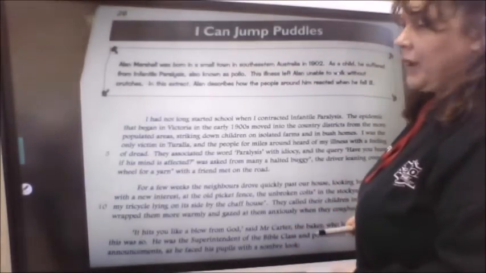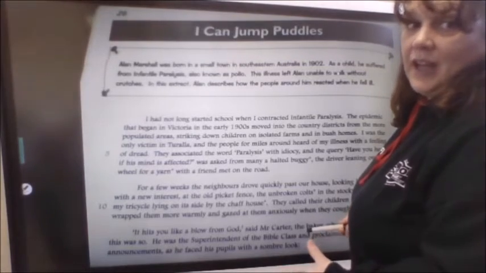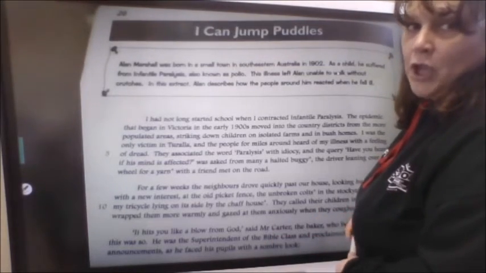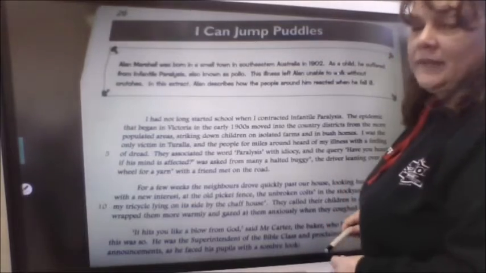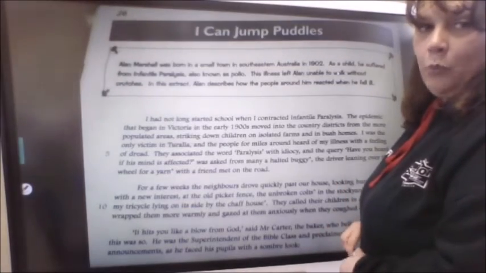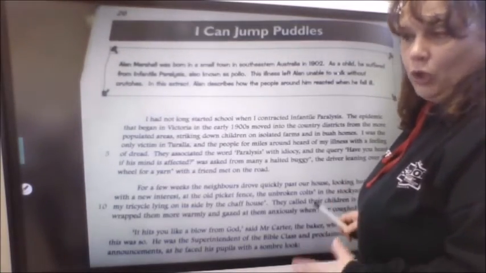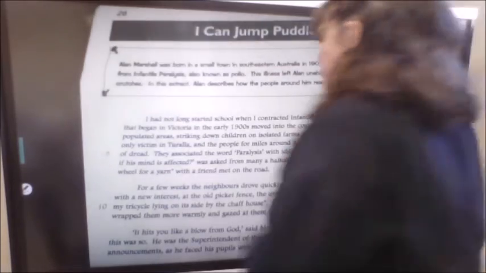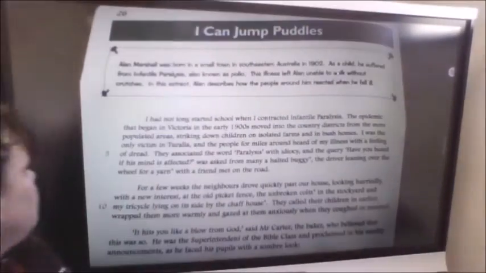So it was quite prevalent then because of disease and because of diet and unsanitary conditions. So let's have a little look at the text then. We've identified lots of the words that will help us in the question. So you follow as I'm reading.